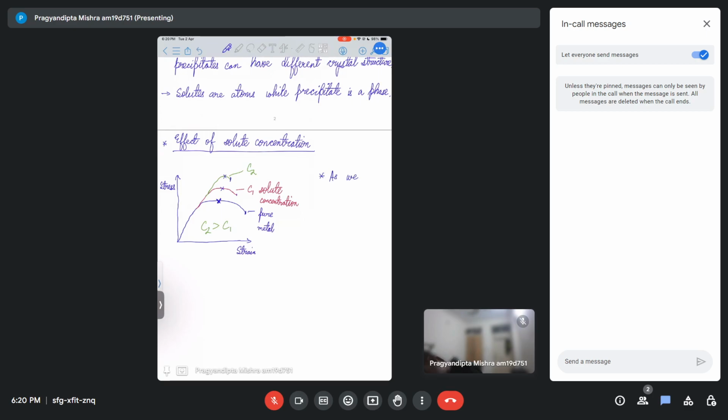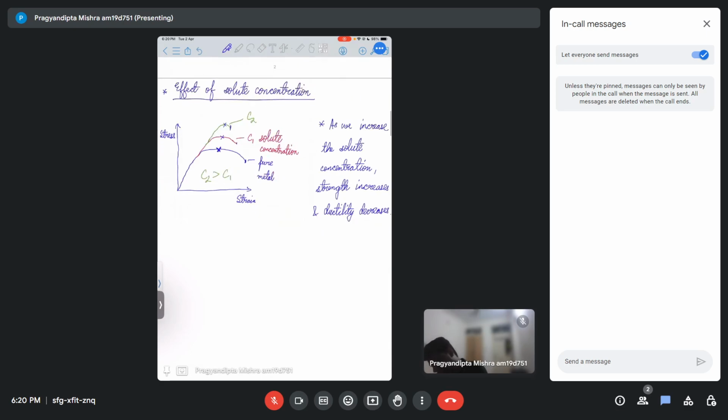As we increase the solute concentration, strength increases and ductility decreases. So that's the first point.